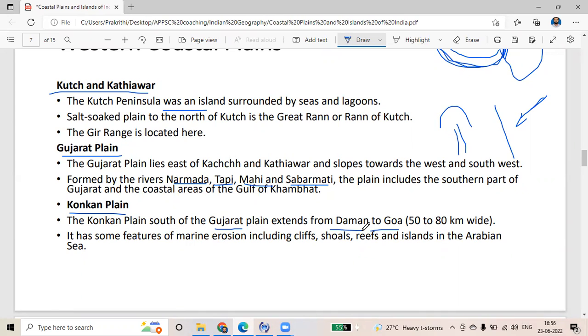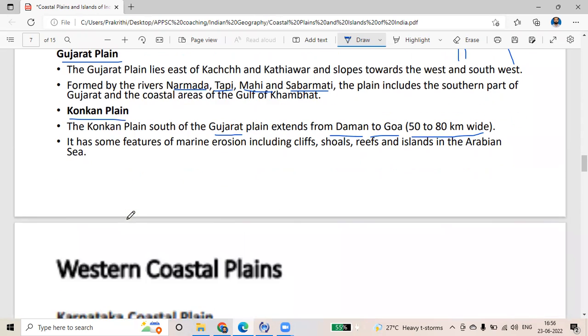Its width is a bit greater, from 50 to 80 kilometres. Saying Gujarat to Goa, we have the Maharashtra region, and the Bombay High region is also in this Konkan plain region. In this Konkan area is the Bombay High region.